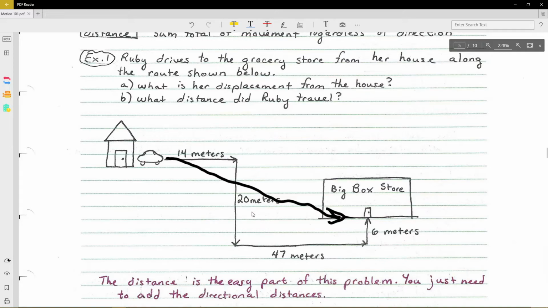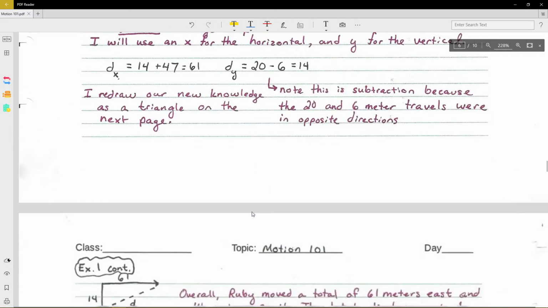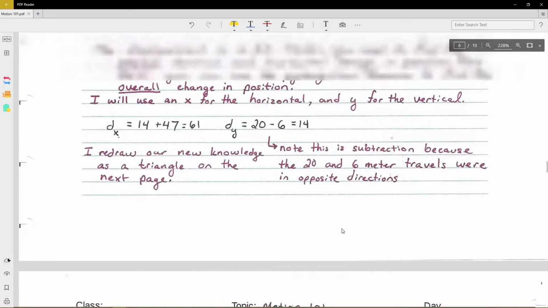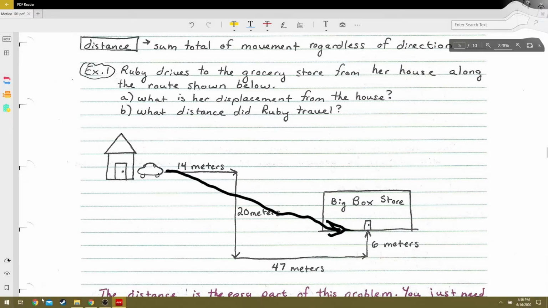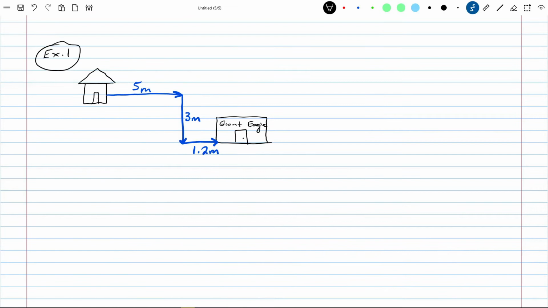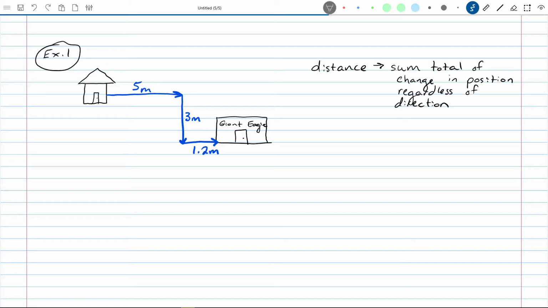Now this example is a little more complex, and I did do out all the math on your notes page. However, I'm going to do a slightly simpler example with you. Let's say that this is the route that Ruby took to get to the grocery store instead. Our distance here would just be the total sum of these three arrows.